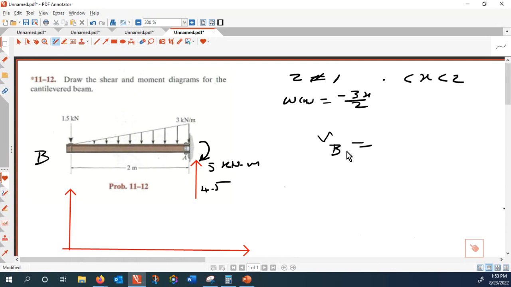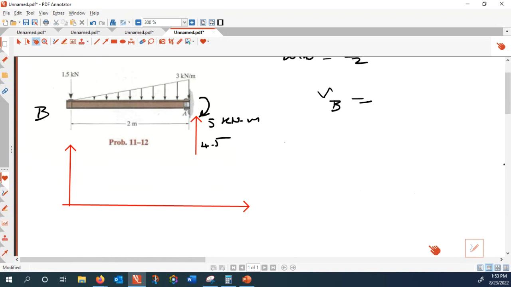Toby, what is shear force at point B? Negative 1.5? Excellent. Minus 1.5. All right? Well done.